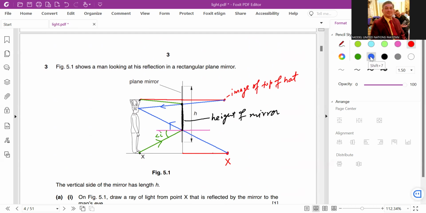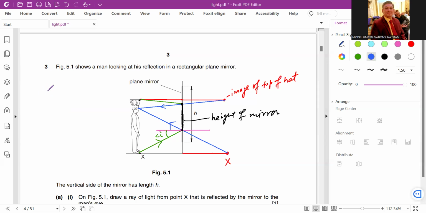One key piece of information, mostly asked in MCQs: they give you the height of the object and ask how much length of mirror is required to obtain the full image of the object.